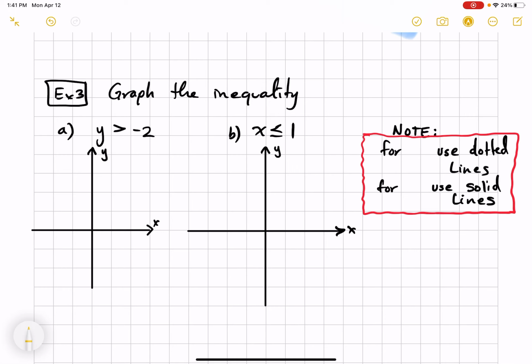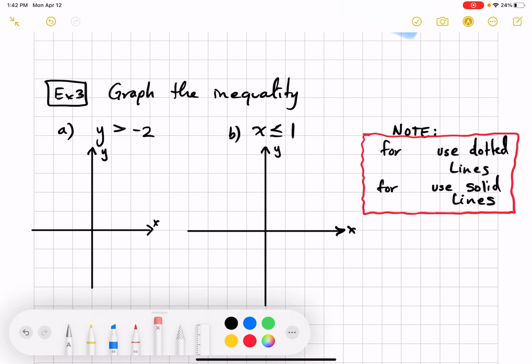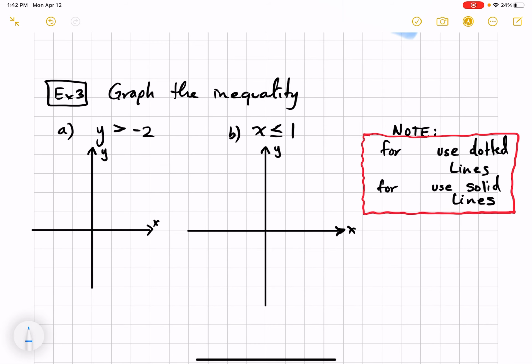And then the last part of this video concludes with how do we graph an inequality with only one variable, but on the x and y plane. And so if you remember, y equals -2 is a horizontal line that passes through -2. And one thing you want to remember is what I have here on the note.